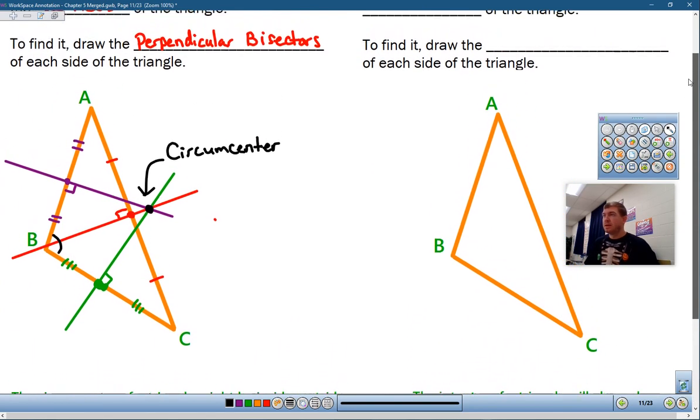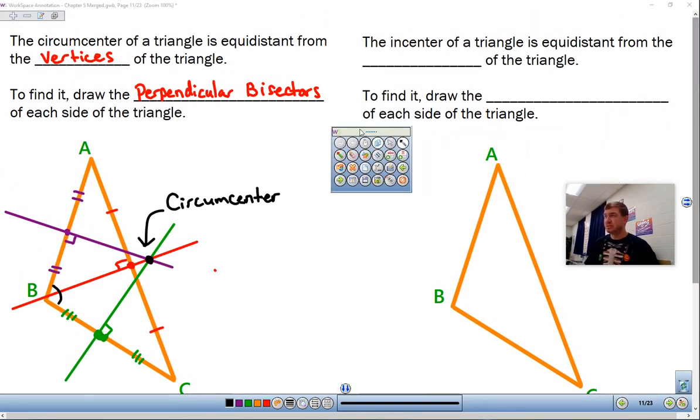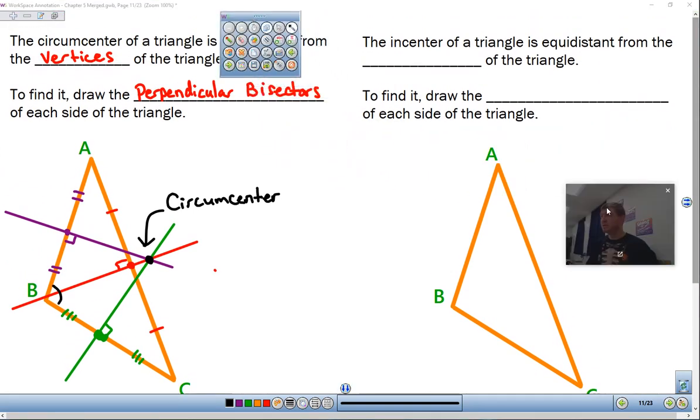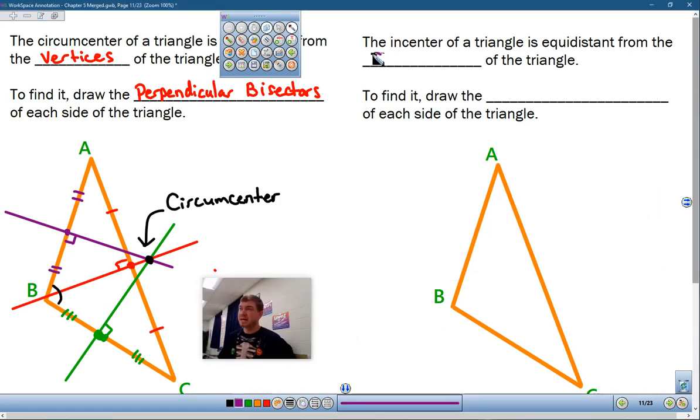So now the other part here is the incenter. Okay, it is equidistant from the, this is what we just learned, equidistant from the sides of the triangle. To find it, we draw the angle bisectors. And again, I'm going to eyeball this more than I normally would.